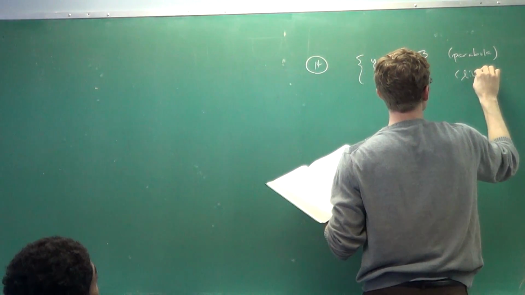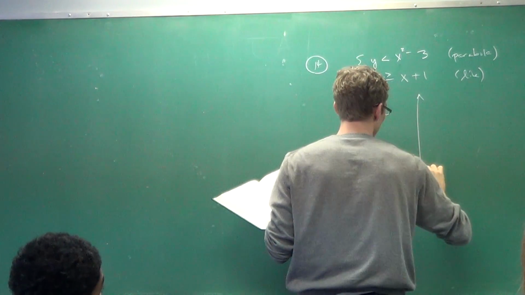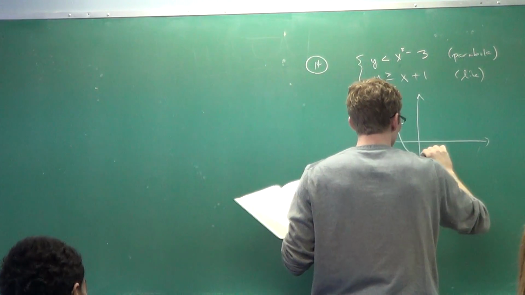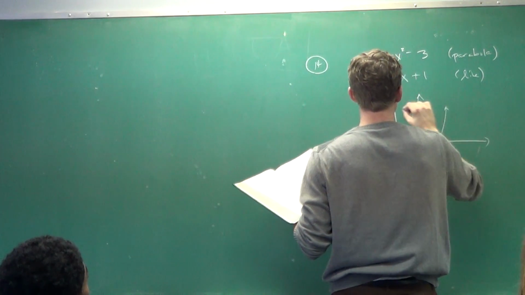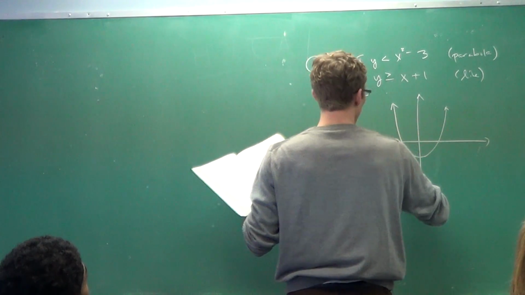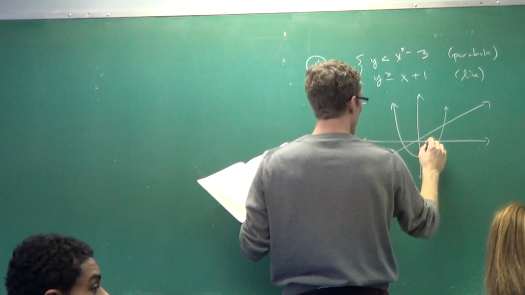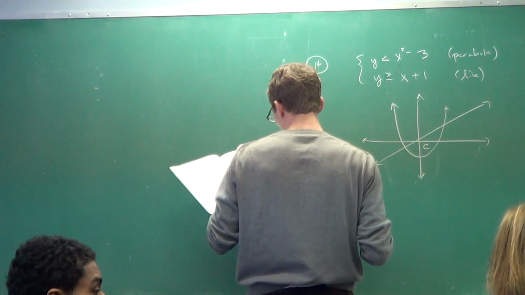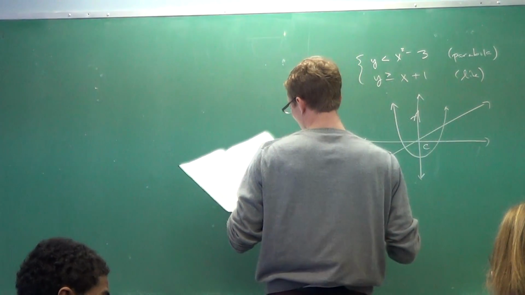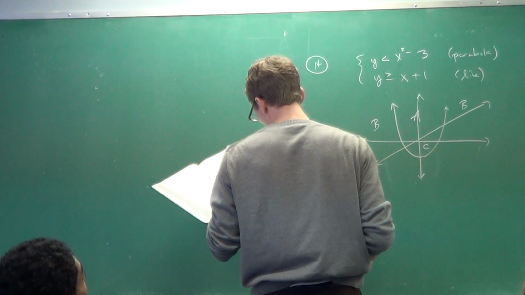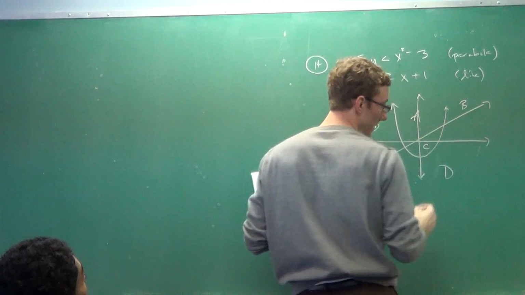The picture basically looks like this. There's our parabola that should be dashed, but it's okay for the sake of this discussion. And there's our line. We have region C, region A, region B, which is on both sides, and region D, which is down here.